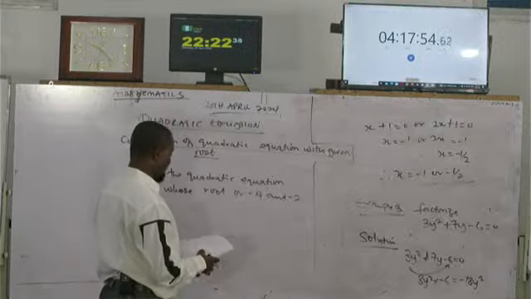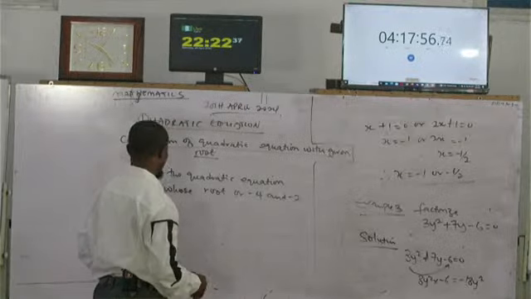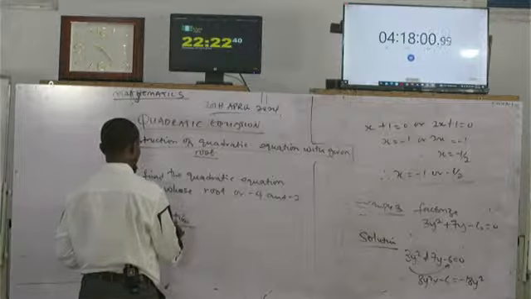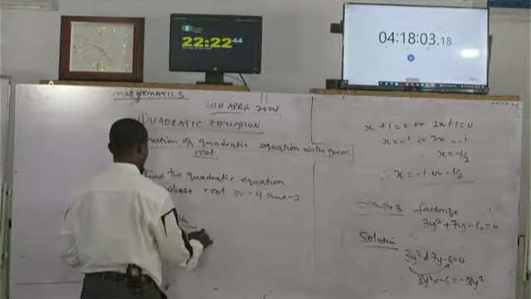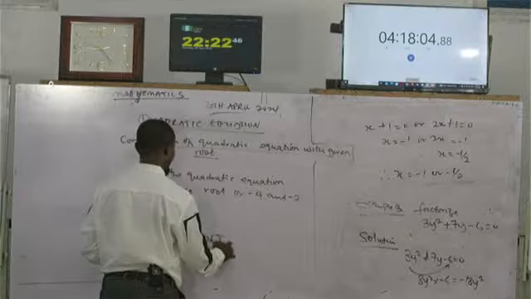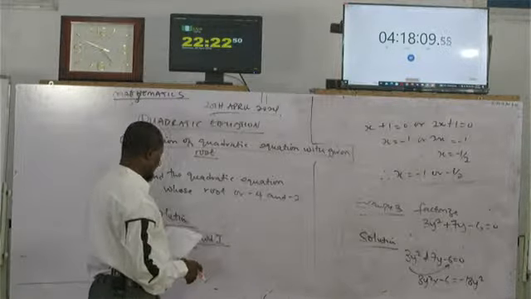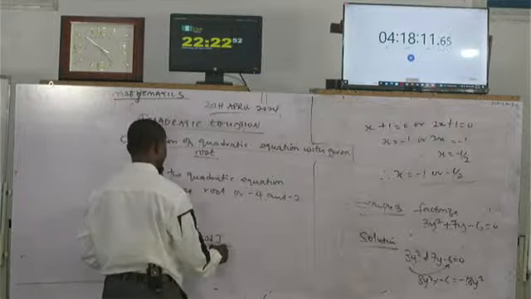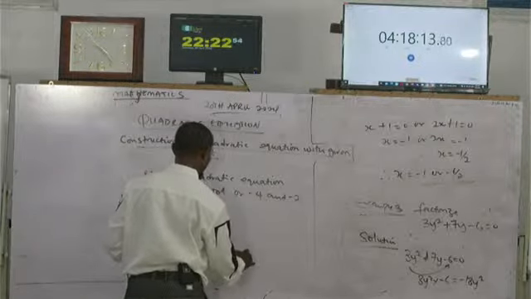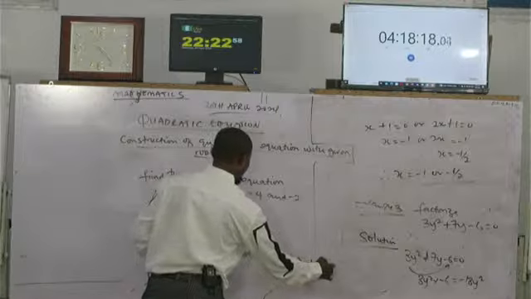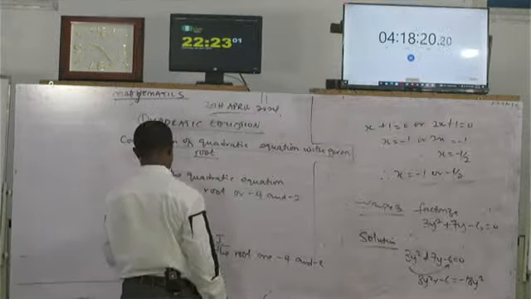So we have two methods of doing that. For method 1, solution. The roots are minus 4 and minus 2, given.